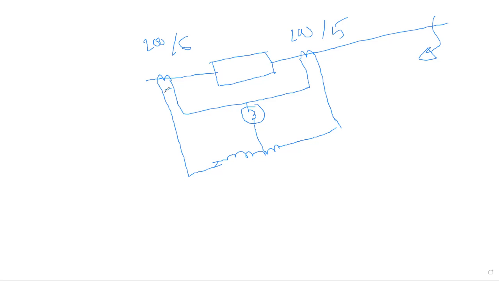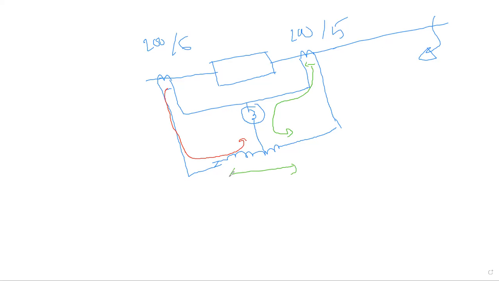Now the current flows this way. One current is flowing this way, and the other current is flowing this way. All right. Now there will be two types of torque.